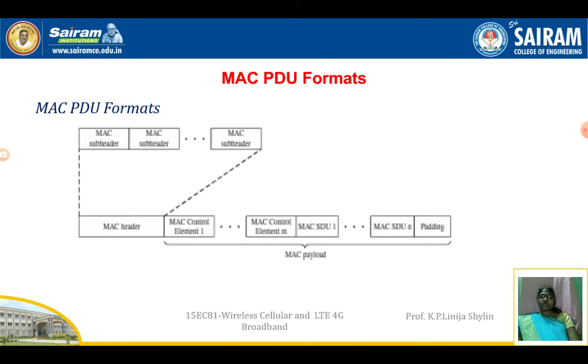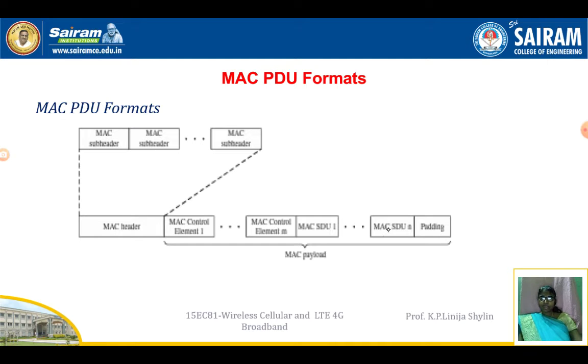See here, as I told, it consists of a MAC header, and in the MAC header there are a number of MAC subheaders. So it can be one or more. All of these are called the MAC payload. This MAC payload has 0 or more MAC SDUs, so it can be nil or it can be more.